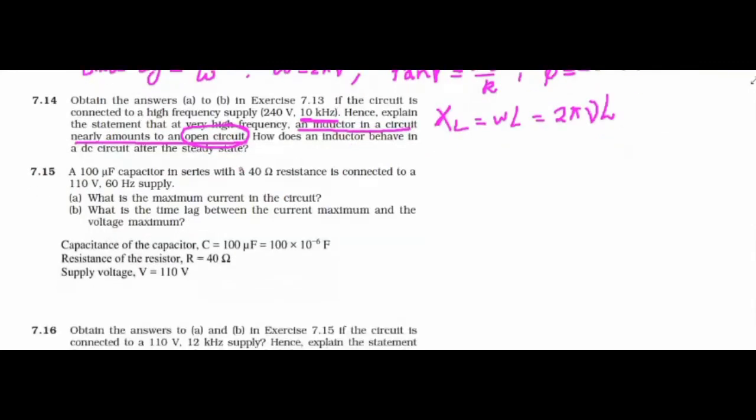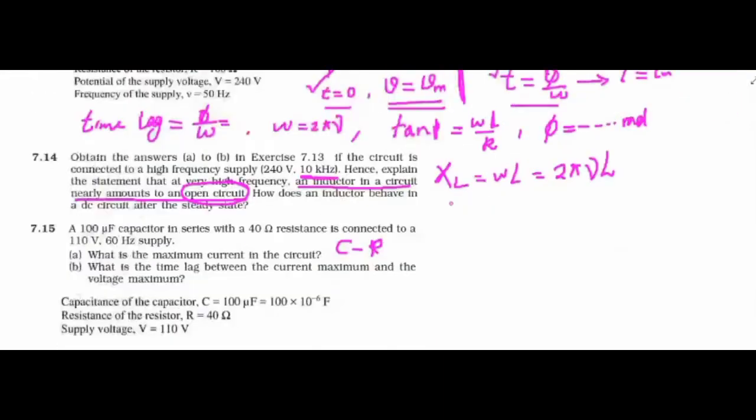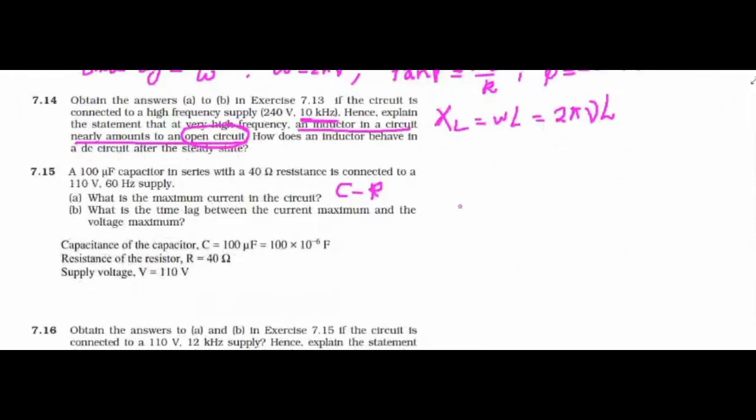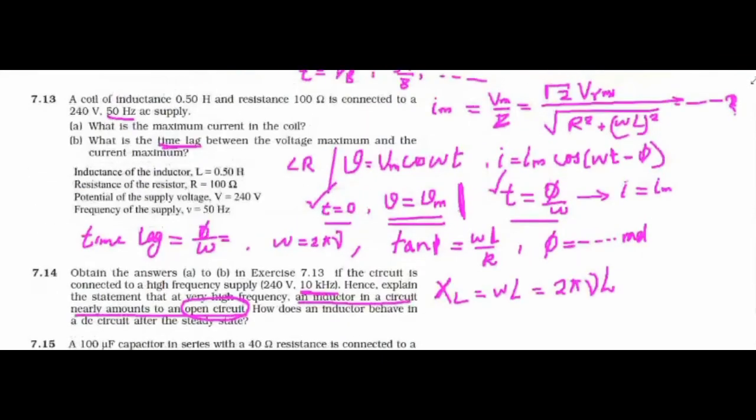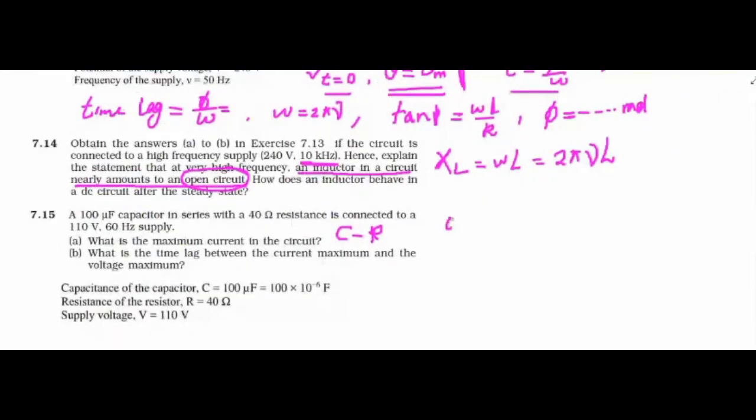Okay, now question 15, again the same, only the difference is that it is a CR circuit. So whatever omega L you substituted there, here you have to substitute 1 by omega C. That's the only difference between question 13 and question 15. There also Im you have to calculate.